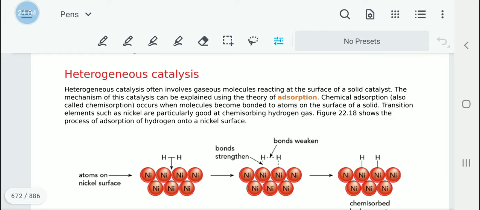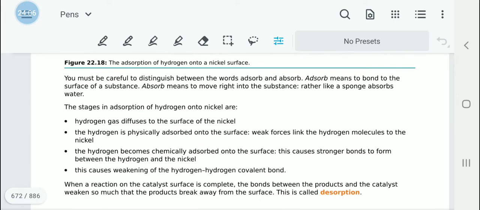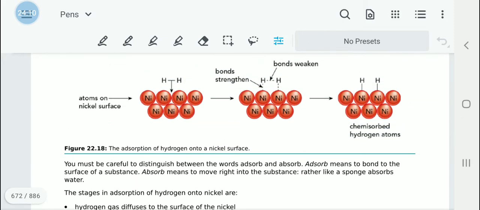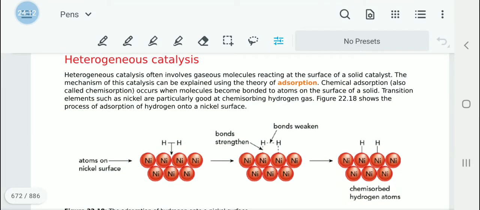So in here what happens is the atoms on the nickel surface have the ability of attracting this hydrogen, weakening the bond between hydrogen atoms, and having hydrogen attached to each nickel atom.